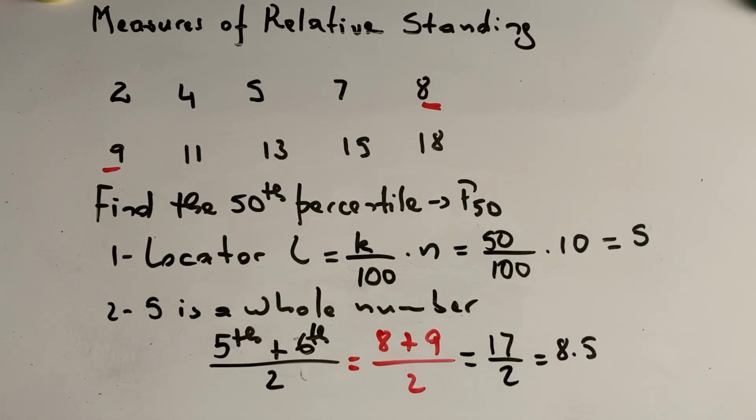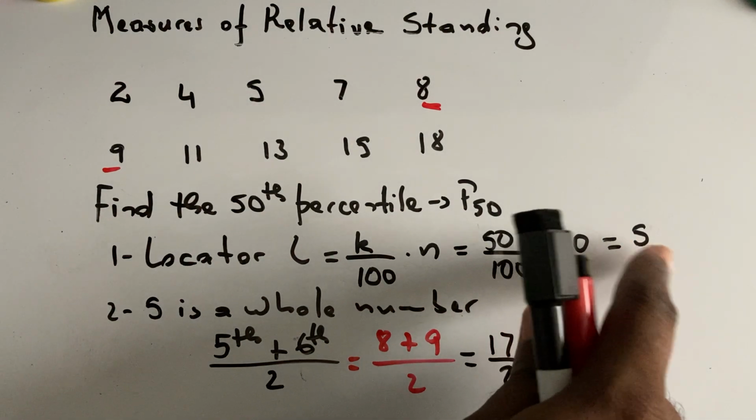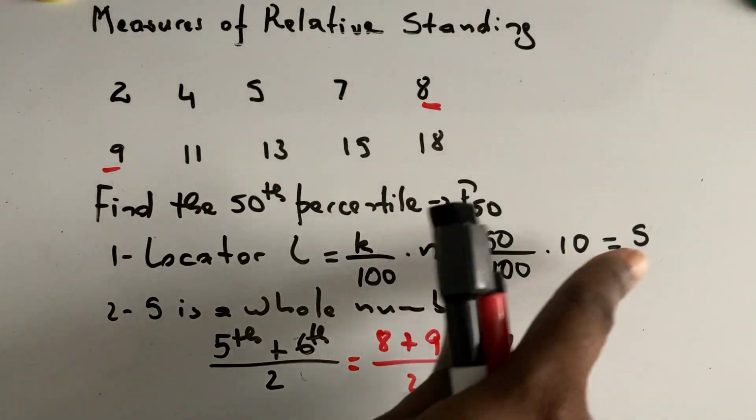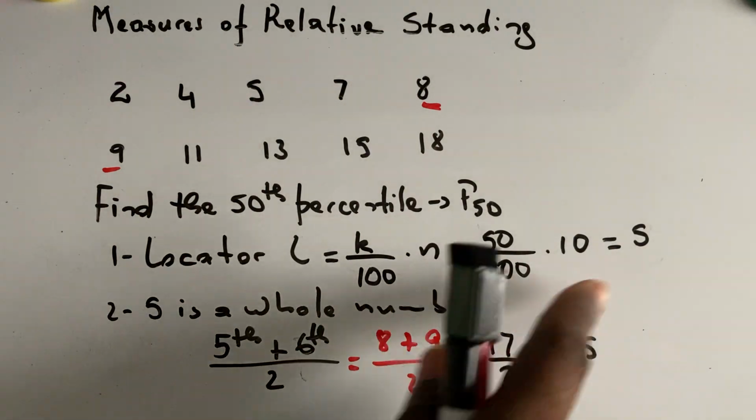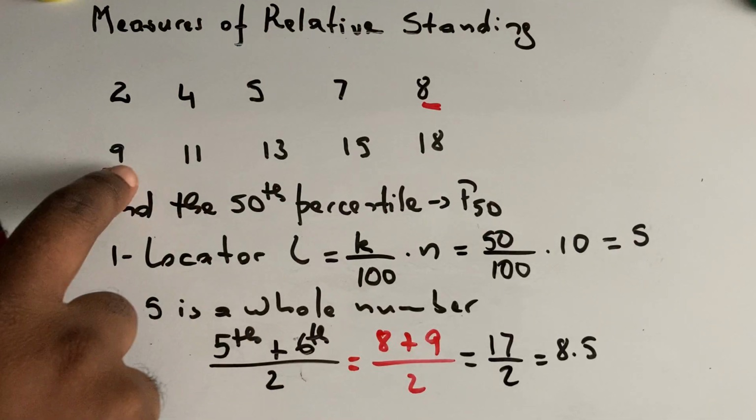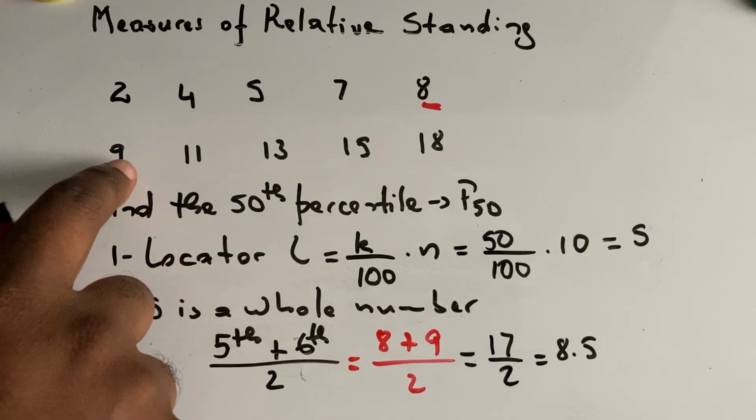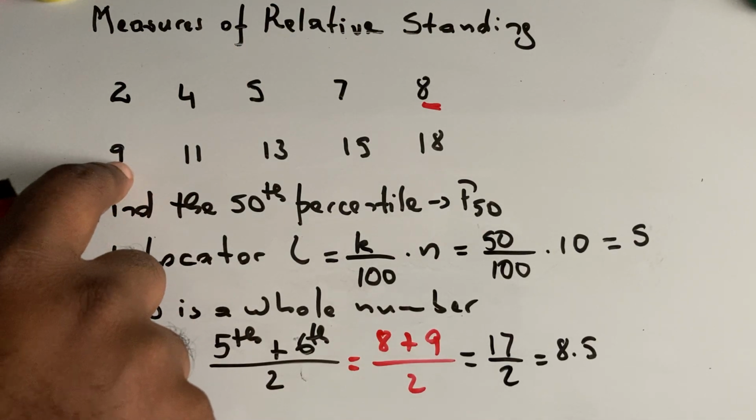Now, one thing to remember here is, what if it was not a whole number? If it was a decimal number, let's say 5.1 or 5.2, whatever, you would just go up to the next value. So instead of choosing the fifth value, you would choose the next value, which is 9.